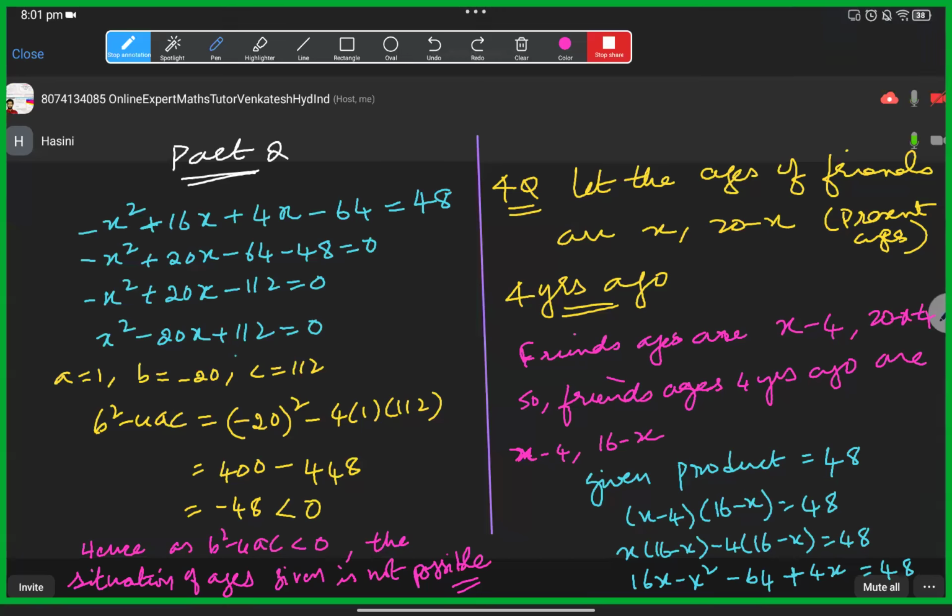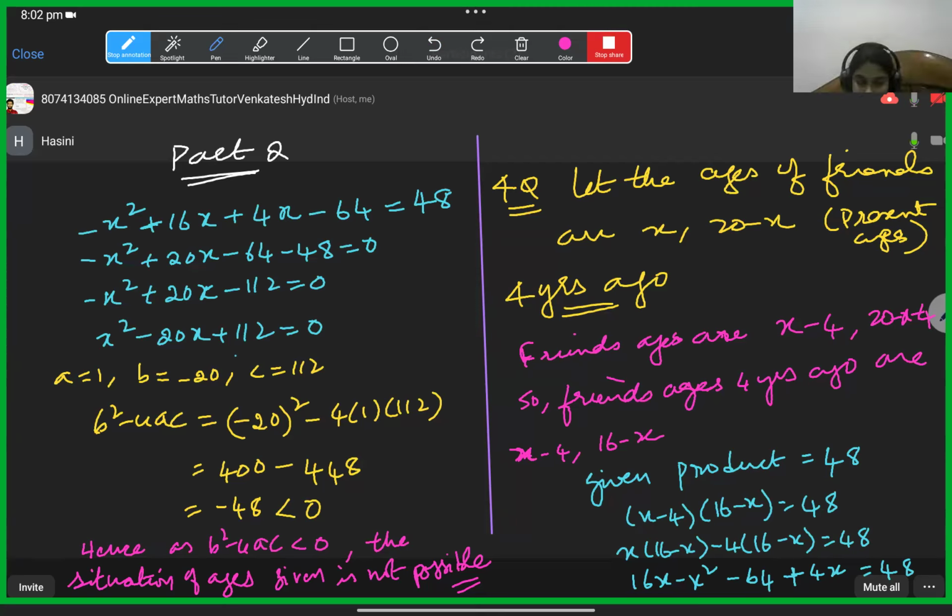Inside the root we are getting a negative value, root minus 48, which makes it not possible to find the x values. That means, for the ages they gave, the situation that 4 years ago the product is 48, and the present sum is 20, this situation is not possible.